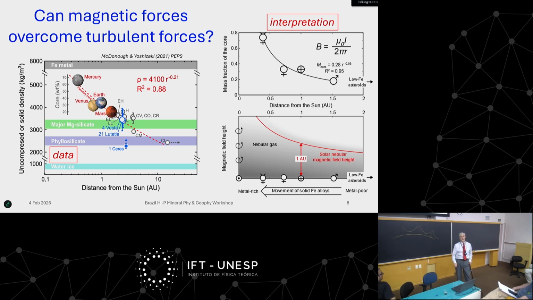And so I asked the question, can the magnetic forces overcome the turbulent forces in the protoplanetary disk? And a good friend and colleague who I've always listened to carefully, Dave Stevenson, a guy that's super smart, says never happened.